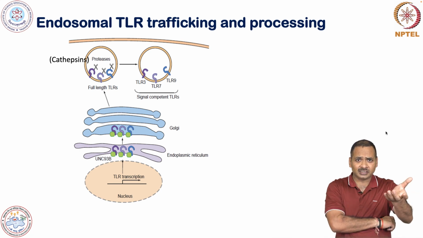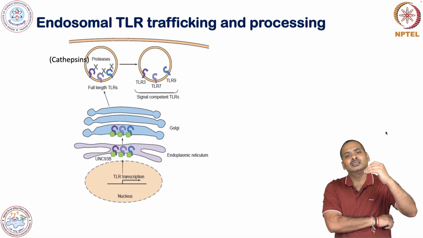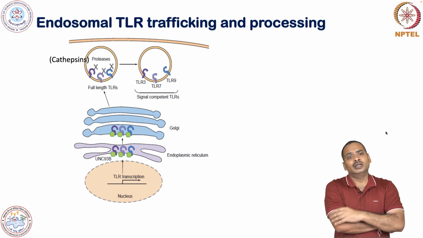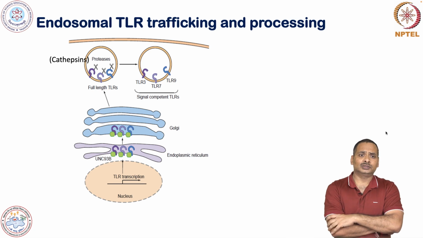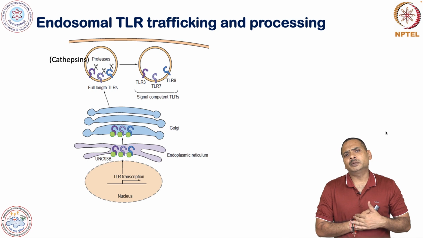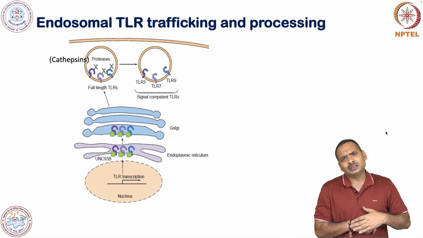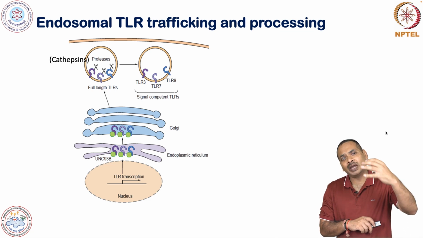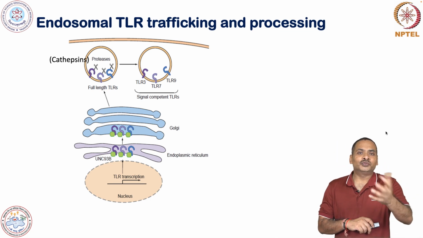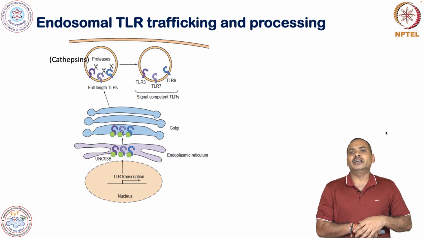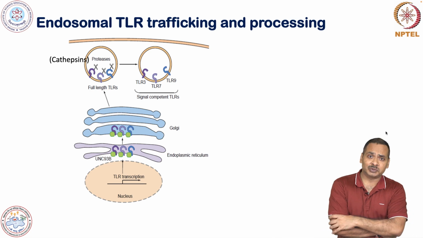If you delete this gene, TLR 3, 7, 9 will not be translocated into the endosome or endolysosome. I think I have explained that these TLRs do not sense the PAMPs directly. Before sensing, they undergo proteolytic cleavage by a family of proteases which we call cathepsins.